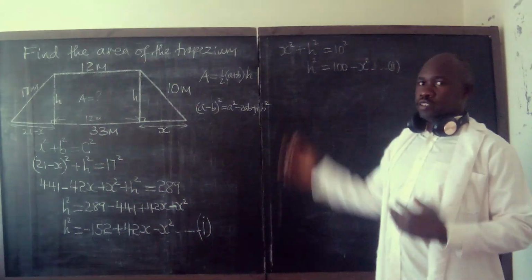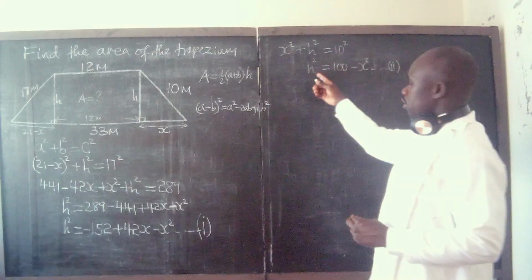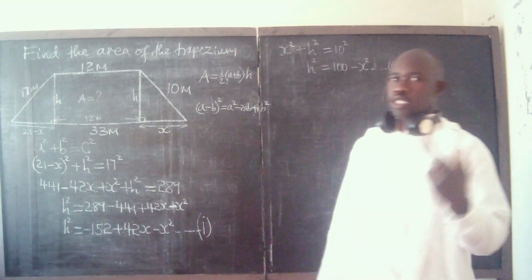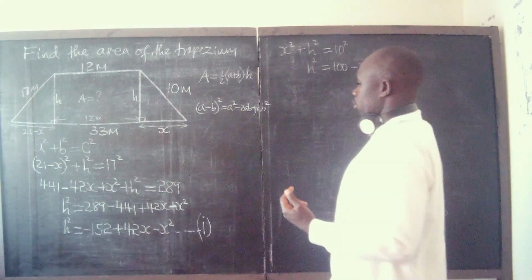On the left hand side of those two equations, we have h squared, h squared, so we can equate the two equations.